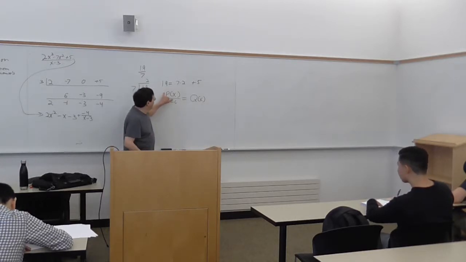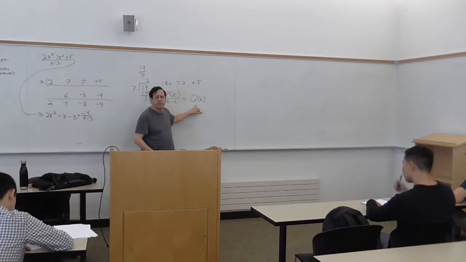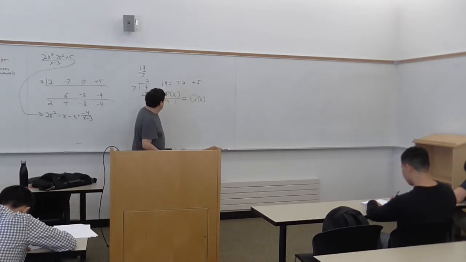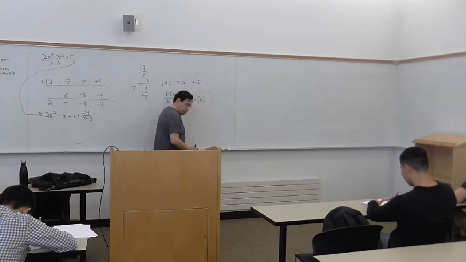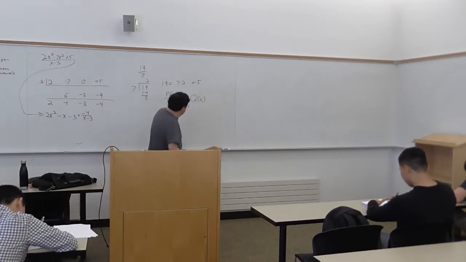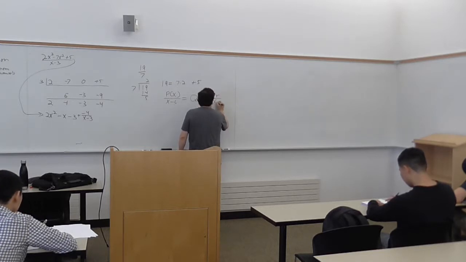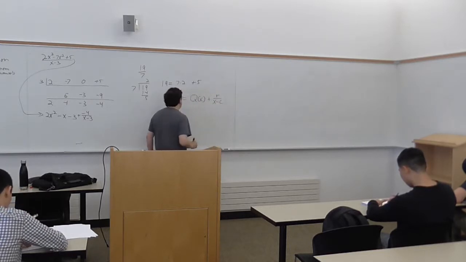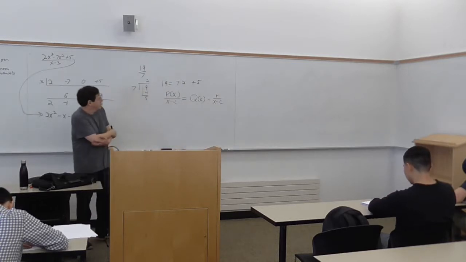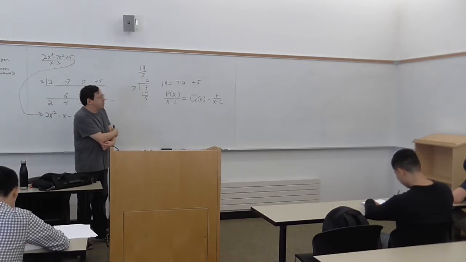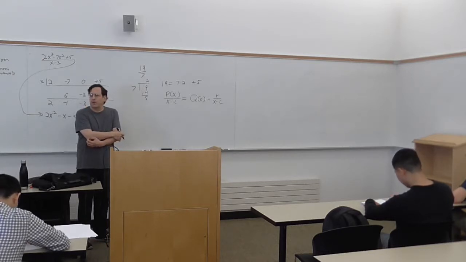This is degree 5, and this has to be less than 5. It could be 4, 3, or... But also, we might get a remainder. This seems pretty straightforward.